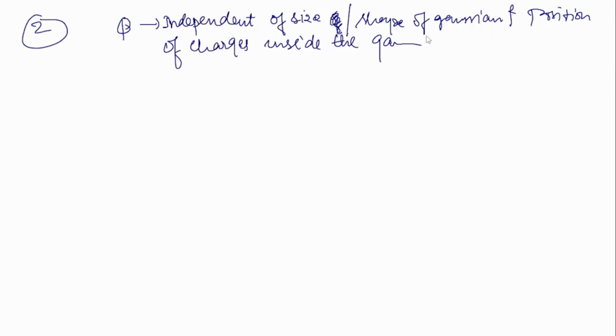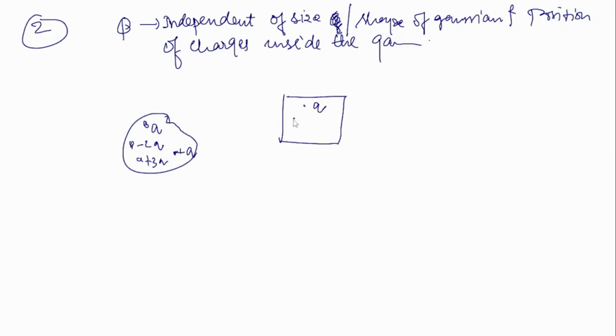Let's say this is a Gaussian surface and here charges are kept: q, minus 2q, 3q and plus q. Again, let's say this is another Gaussian surface, with plus q charge here, minus 2q charge there, and 4q charge here.